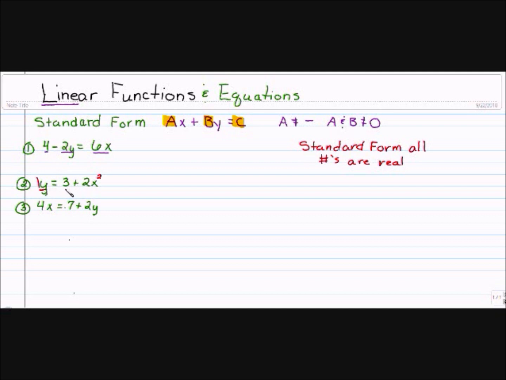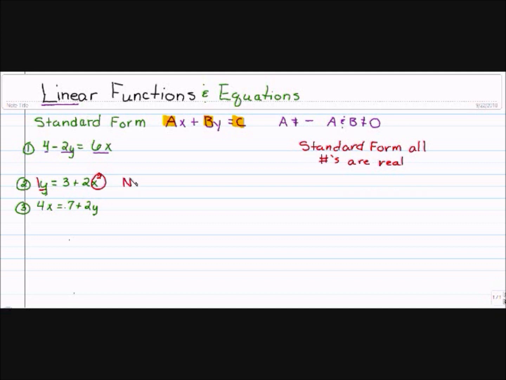Okay, let's move on. I have a number with no variable, and I have an x with a coefficient of 2 in front of it. Notice in standard form, the x has no exponent on it, where here it has the exponent of 2, or x squared.